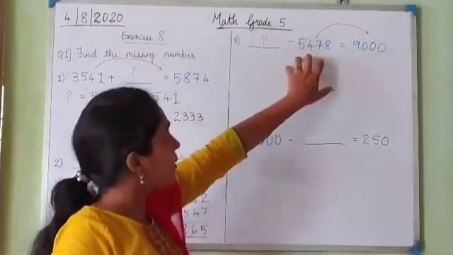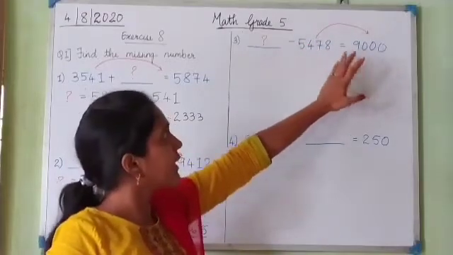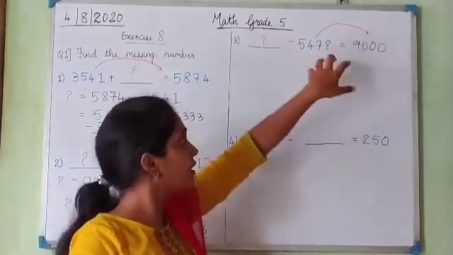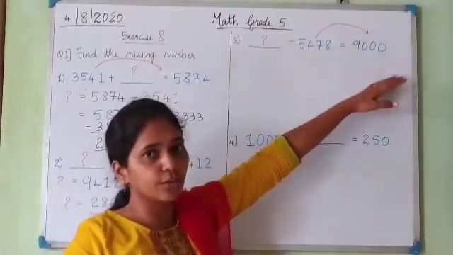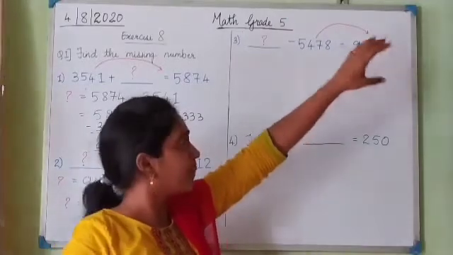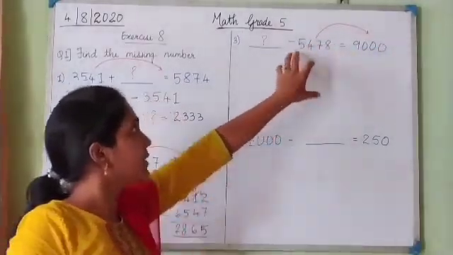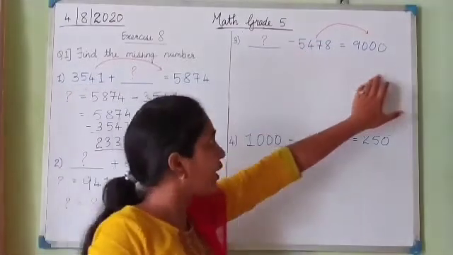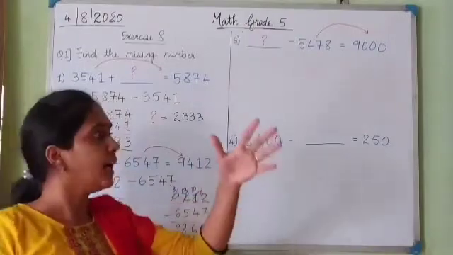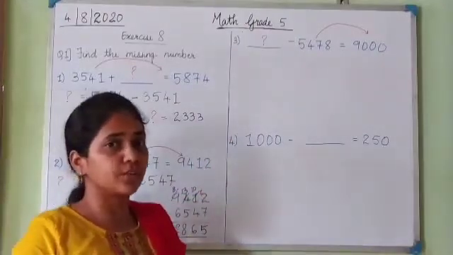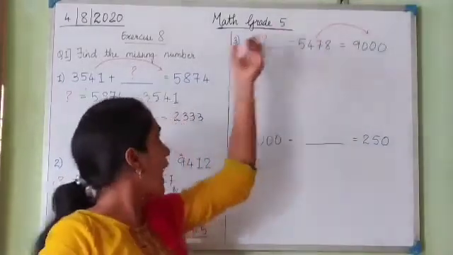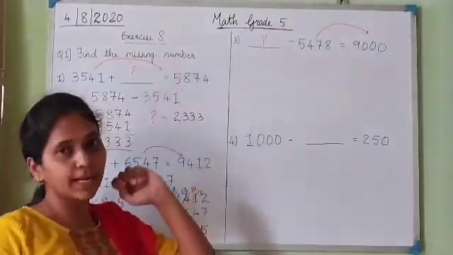So when a number is subtracted on one side of the equal to sign, when it is carried to the other side of the equal to sign, it becomes added. That is, this subtraction after going here will become addition. That is what we call addition and subtraction are inverse operations. That means if it is subtracted here, here it will get added. If it is added here, it will get subtracted to the other side.